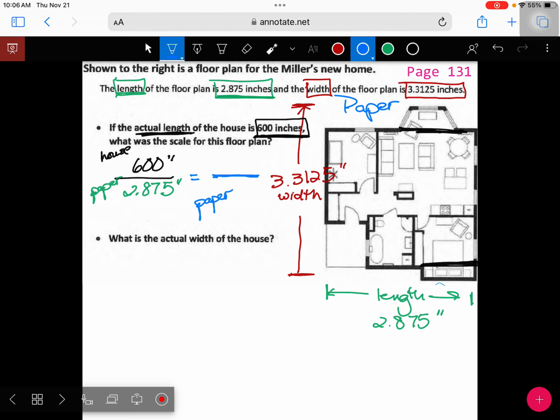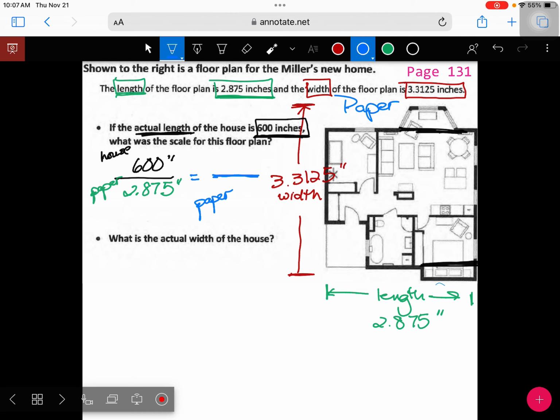No, that's not what I'm looking for. If you were measuring here on paper and they said the length of this is 2.875 inches, what would you think would be a good measurement to use on paper? I don't think I'm saying it very well.